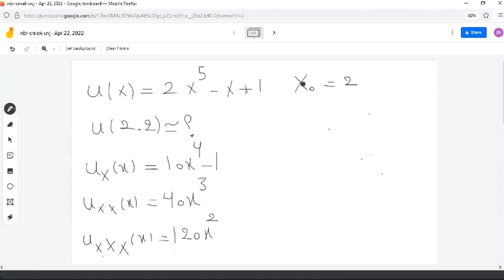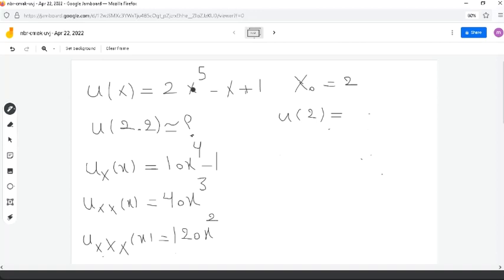And for Taylor theorem, I need u and u_x and u_xx and u triple x at 2. For u of 2, you should replace 2 instead of x.